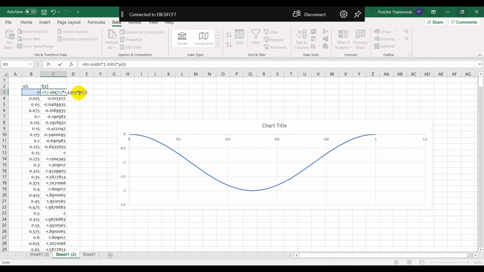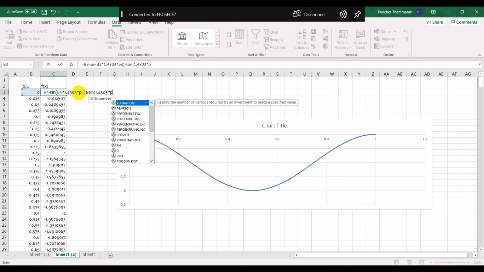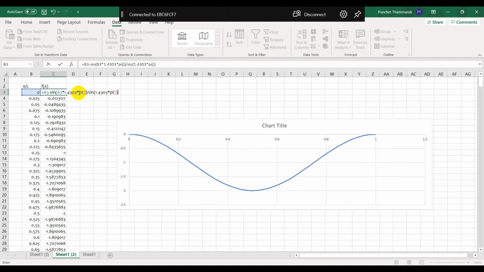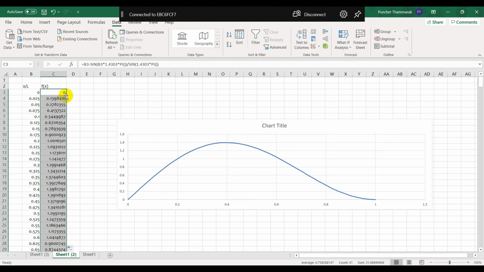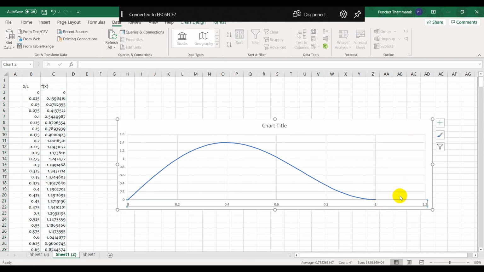And then I divide that by the sine of 1.4303 multiplied by pi, and that's it. Double click. Yes, there you go. You get this that you want.